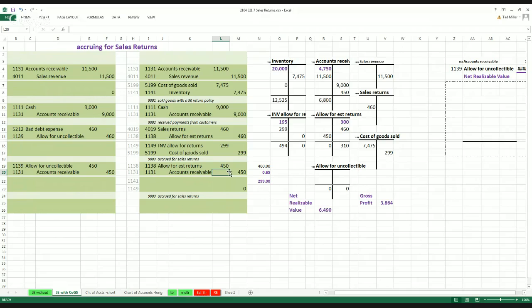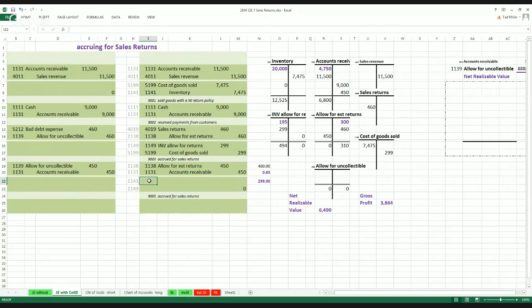Well, once Joe returns the goods, I realize I'm never going to collect money from Joe, so I write off Joe's account. But I write it against a contra account. So this entry has no effect on net income. It's two balance sheet accounts. It doesn't even have any effect on the net realizable value of accounts receivable because it's a contra account and the accounts receivable. They offset each other.